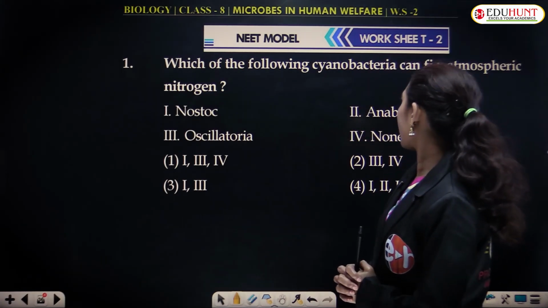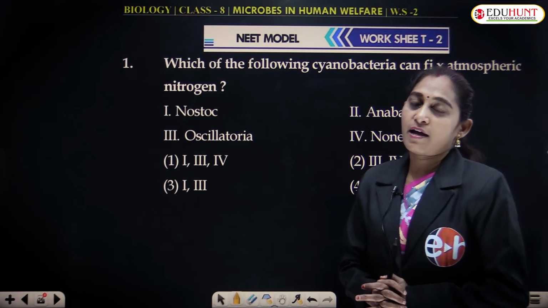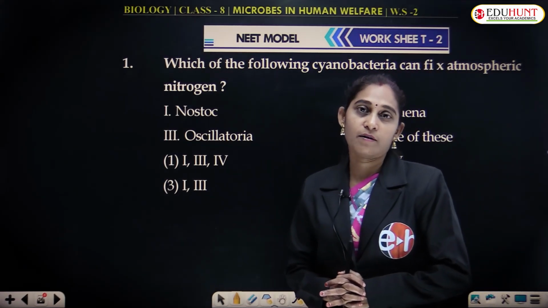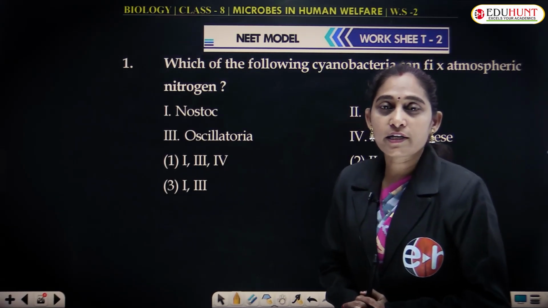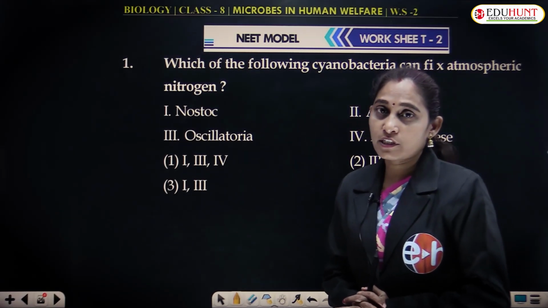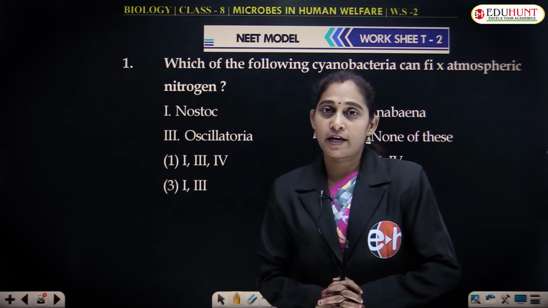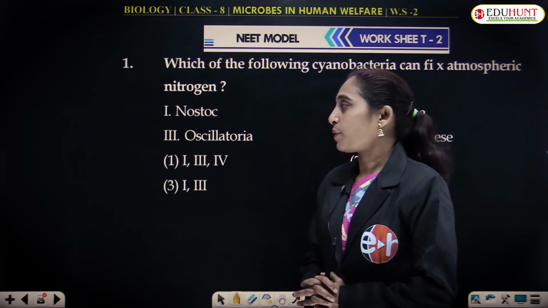Which of the following cyanobacteria can fix atmospheric nitrogen? As we have discussed, some of the microorganisms, especially bacteria and cyanobacteria, are involved in fixing nitrogenous gases. These microorganisms make these elements available to the plants.